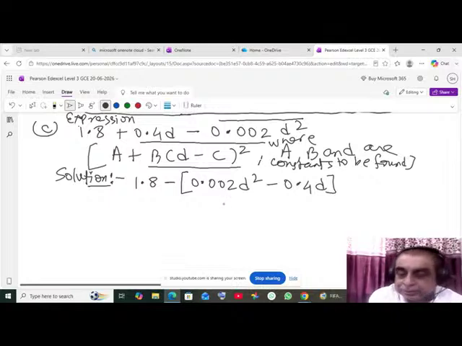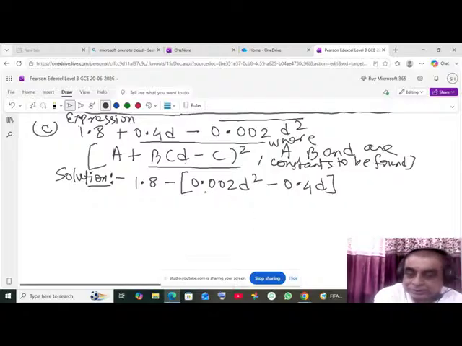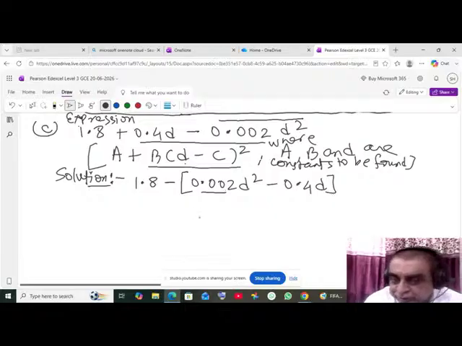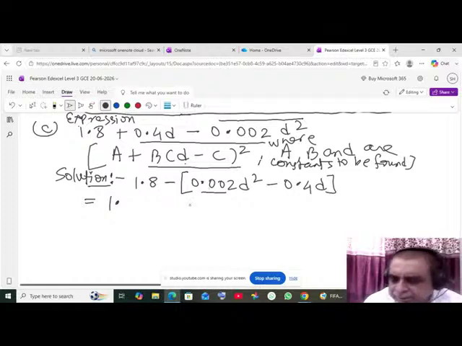Now, for changing the expression in d squared and d into the form d minus c whole squared, first you make the coefficient of d squared positive 1.